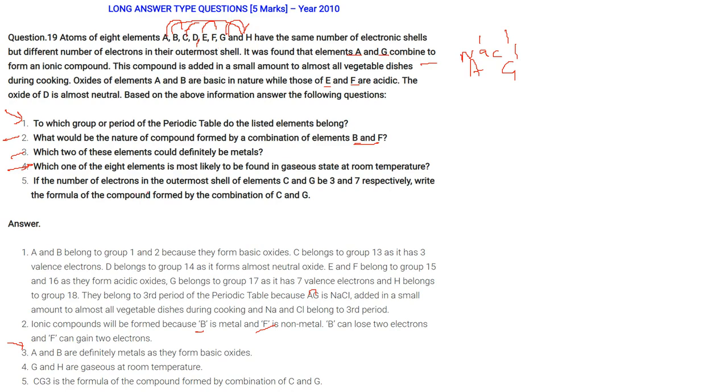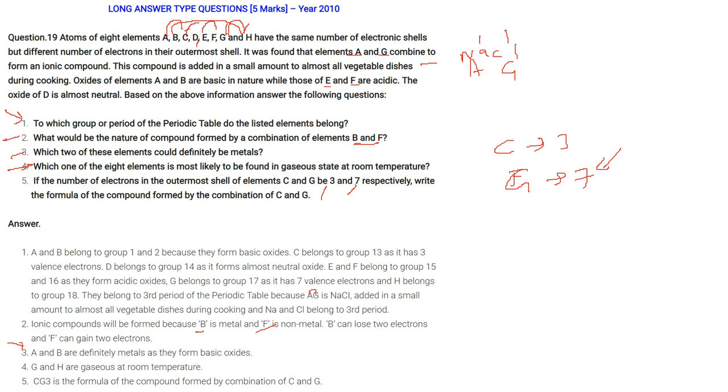If the number of electrons in the outermost shell of C and G is 3 and 7, write the formula for the compound formed by the combination of C and G. So C has 3 valence and G has 7. So it needs one of them.